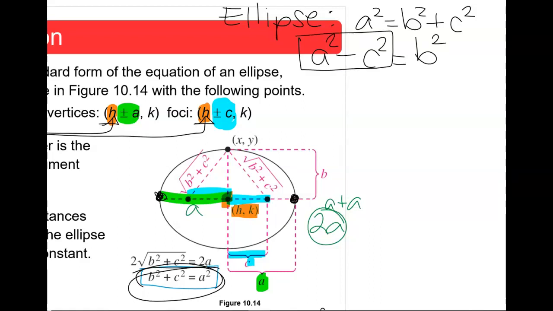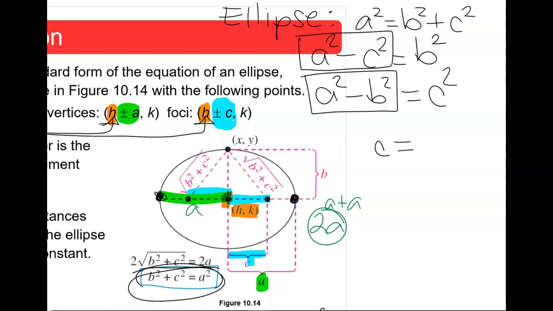Or if we wanted to find c squared, it will be a squared minus b squared. So you might want to write that down. And then, of course, if the question is find c, then it will be the square root of a squared minus b squared. If the question was find b, it will be the square root of a squared minus c squared.